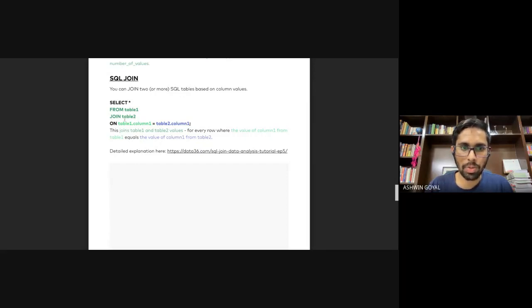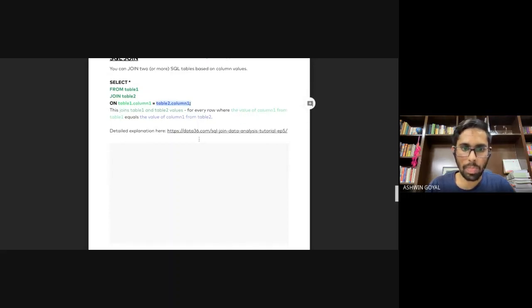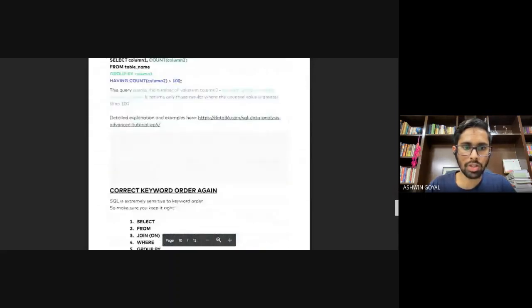And this on means the common column using which I'm joining both the tables, right? So on table 1 dot column 1 equal to table 2 dot column 1. And this column 1 in both tables is the ID basically in my example. So this joins table 1 and table 2 values for every row where value of column 1 equals value of column 2. Right? This is essentially what joins is.